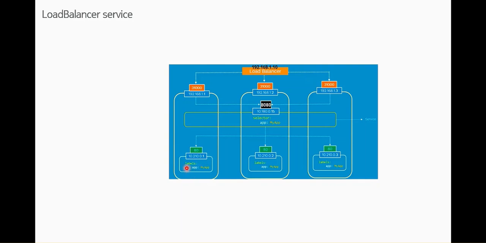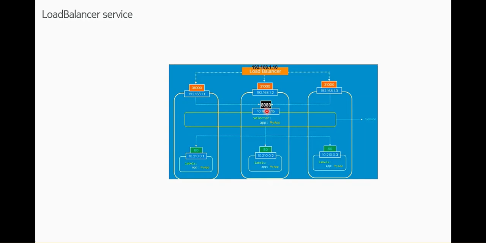So this is a pod with the label app my app, and another copy here, another copy here. You see the IP addresses are different on different nodes, and the port is port 80. And here is the service with selector my app, the same selector, my app.